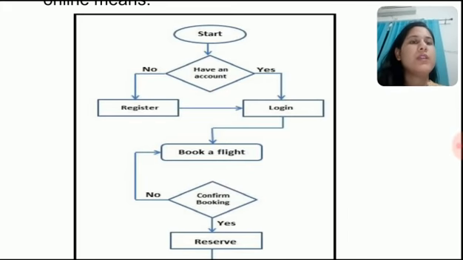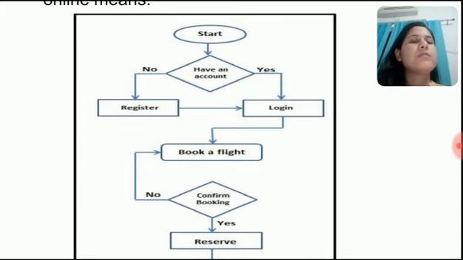Okay, then book a flight, the example here is for the airlines, right? Book a ticket. After booking it, confirm the booking. You get a confirmation after that. There must be a line between book a ticket and confirming booking. So after booking a flight, you will get a confirmation. If you don't get a confirmation, you will again have to go and book the flight.